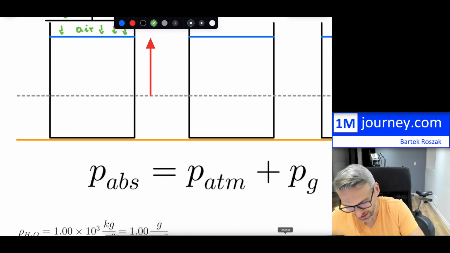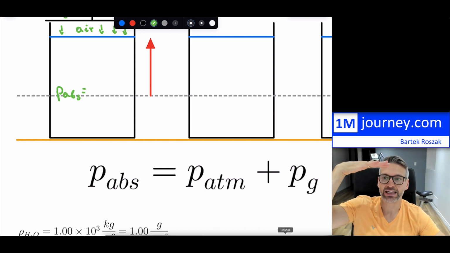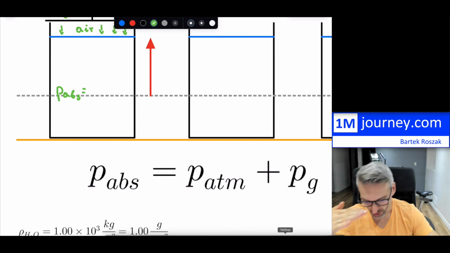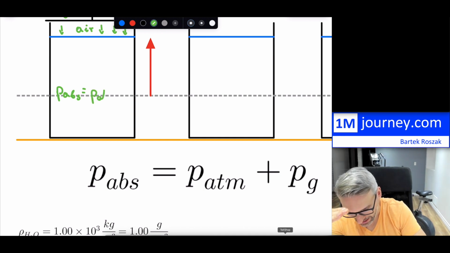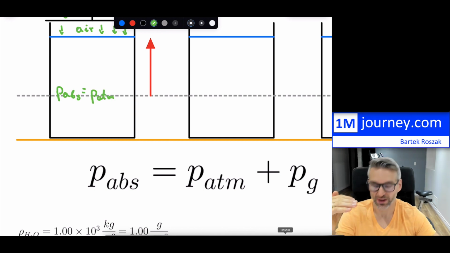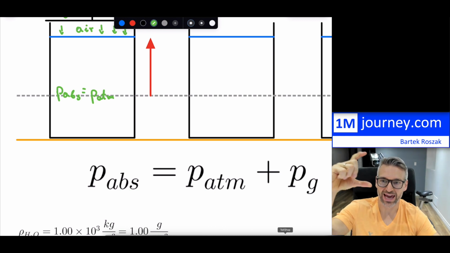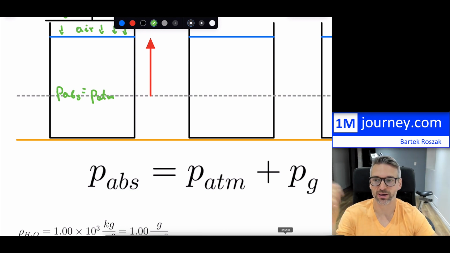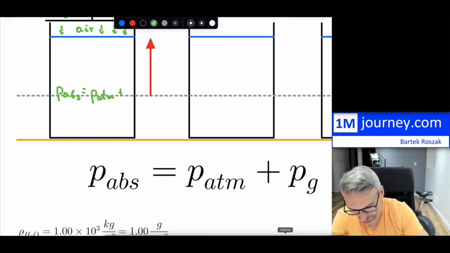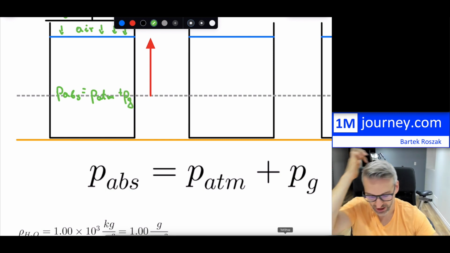So if you wanted to find out what the pressure is, the absolute pressure at this particular point would be equal to the pressure from the atmosphere, and since the lid is closed, the air right on top would be pretty much 0. So the only thing you would be reading is your gauge pressure.